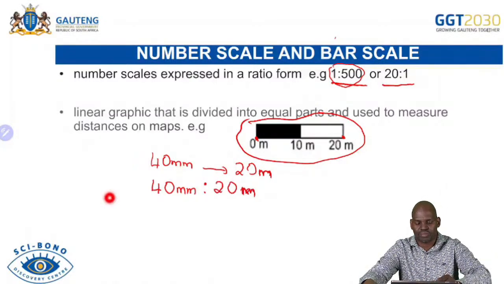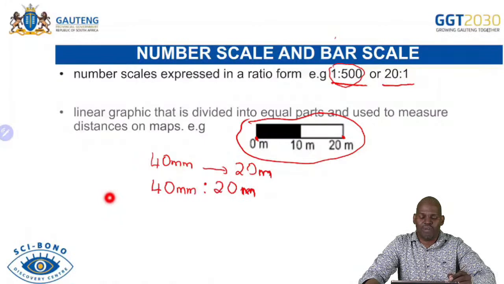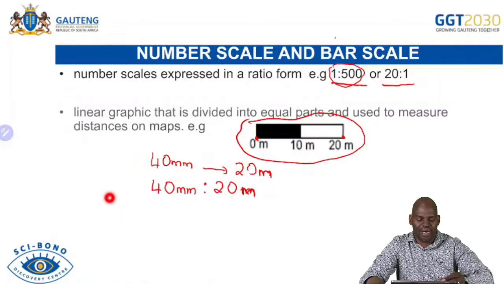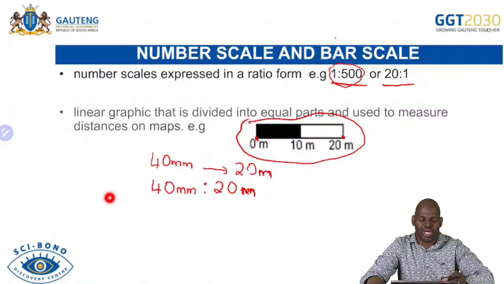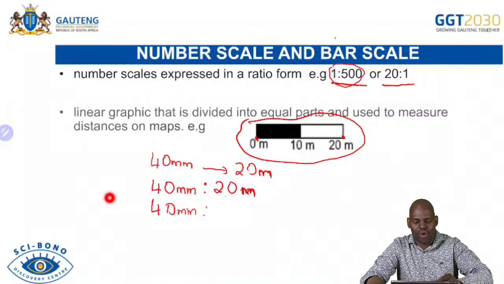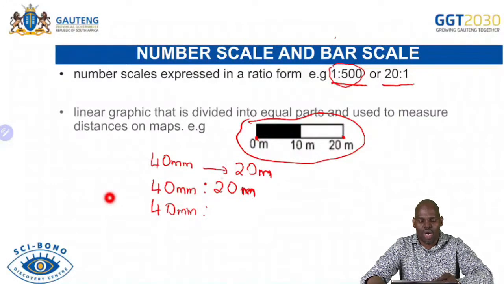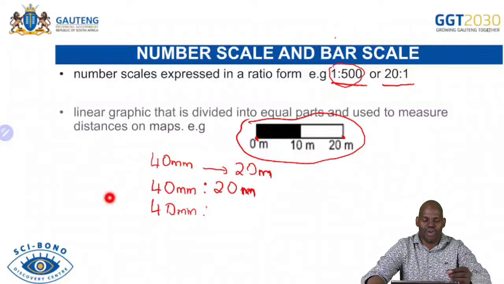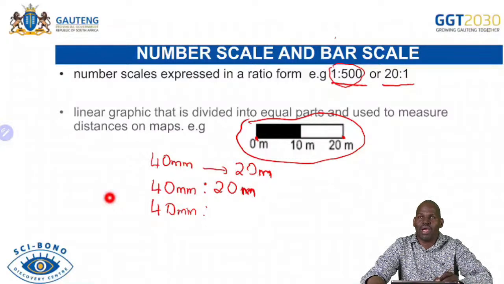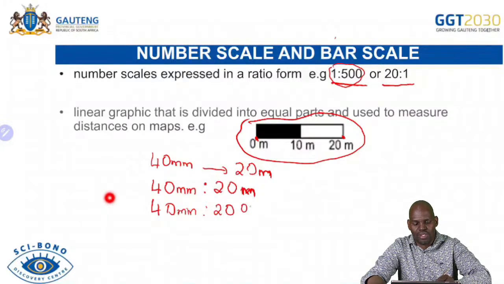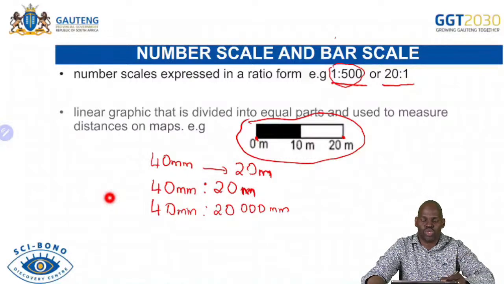Then how do you simplify this? In order to simplify, you must make sure that the units are the same. We've got 40 millimeters, so how do we convert from meters to millimeters? Think about it. For conversion, we multiply by 1,000, so this will become 20,000 millimeters. Then how do you simplify?